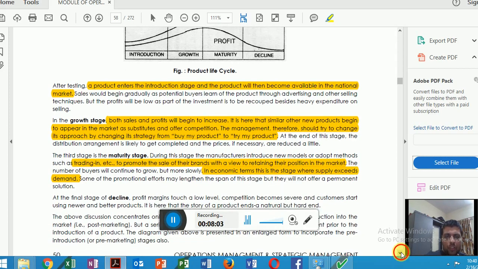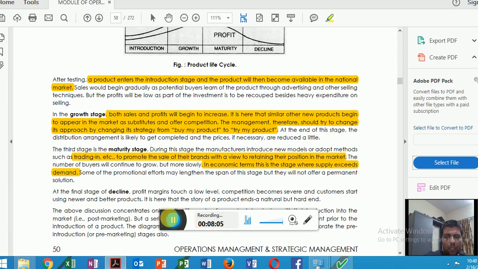In the maturity stage, what happens is that the supply of the product in terms of quantities exceeds the demand. As I have told you, the demand is getting reduced and supply is increasing. So the companies are trying new, innovative techniques so that they will be able to retain their position in the market.